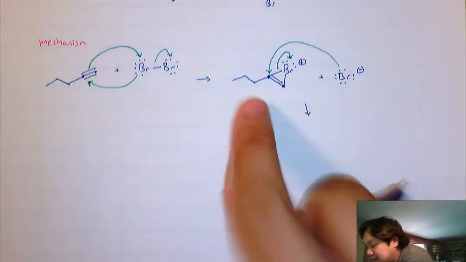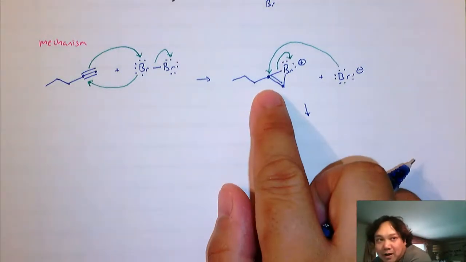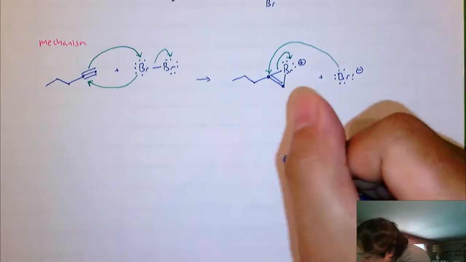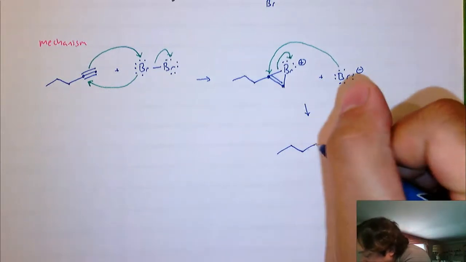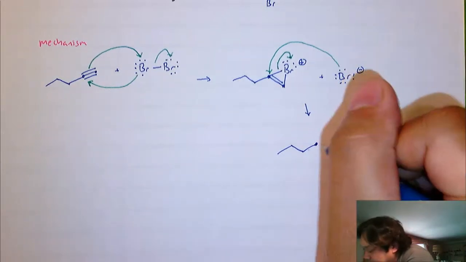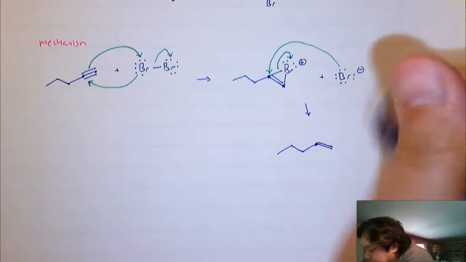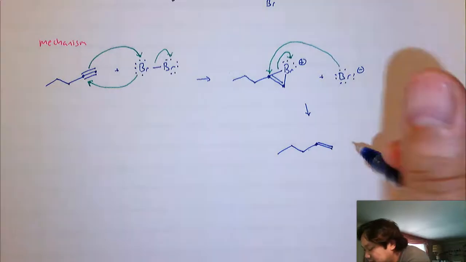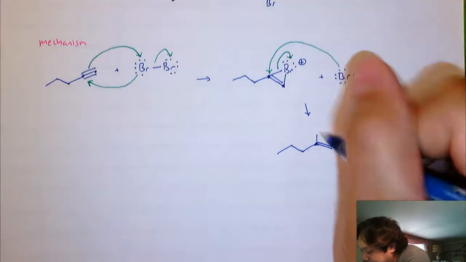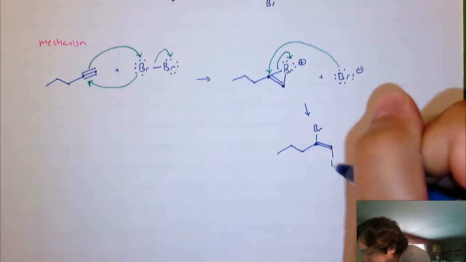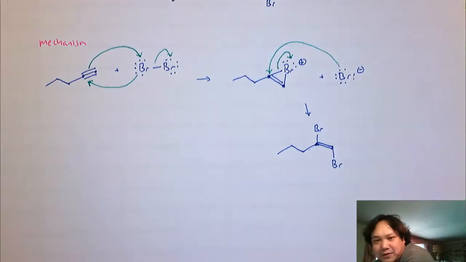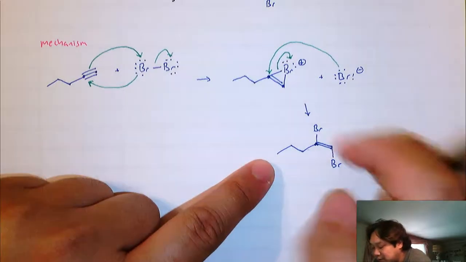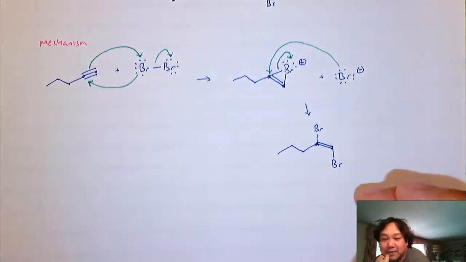The thing about this is that you still want to do anti-addition. If your professor is looking for the intermediate, just go ahead and draw the Brs opposite in this fashion. I know it doesn't quite look like that in this case, but it doesn't matter as long as your intermediate has the Brs trans, on opposite sides, or anti-addition.